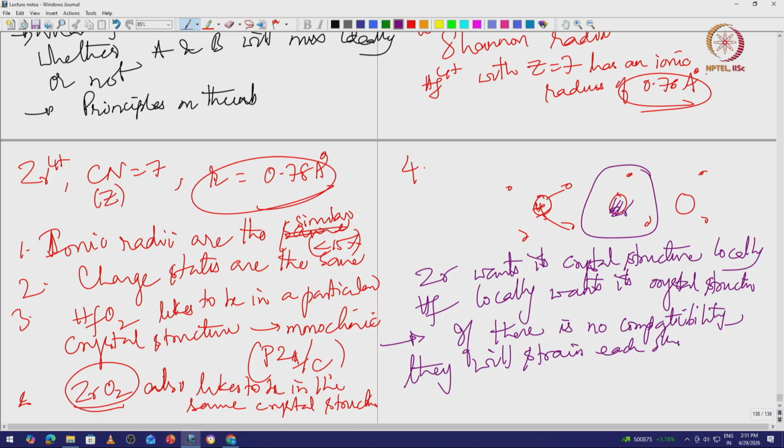So zirconium wants to be tall and thin, but hafnium wants to be nice and symmetric, short and symmetric in all the three directions.